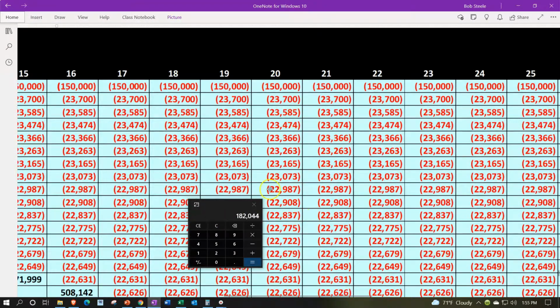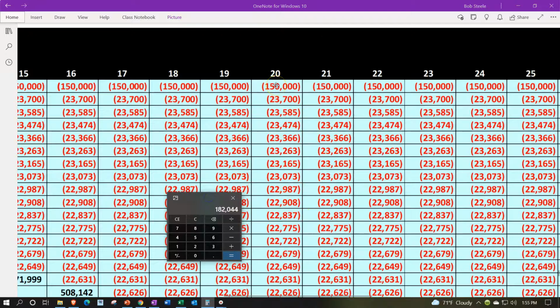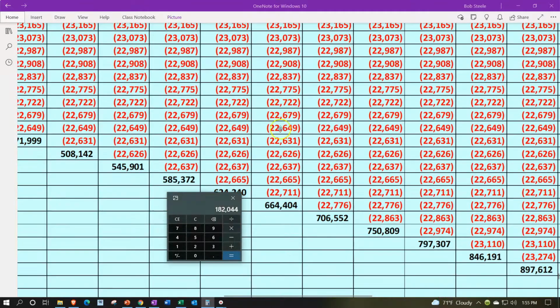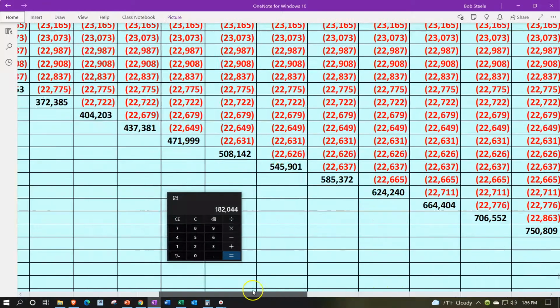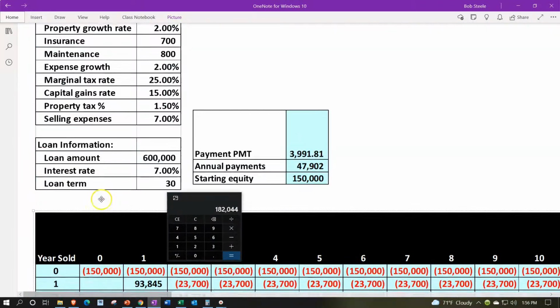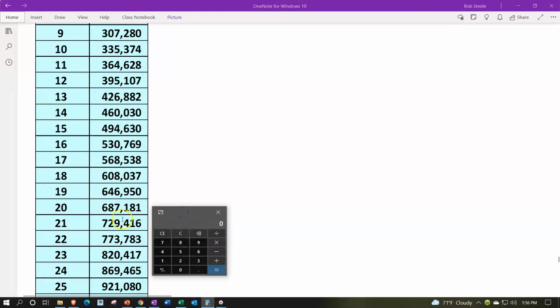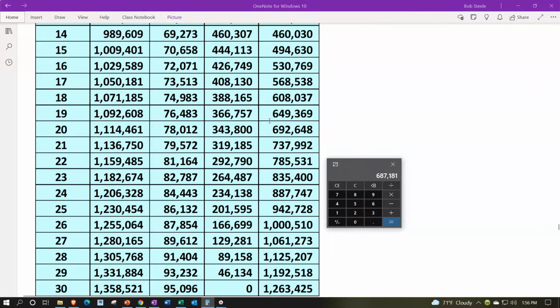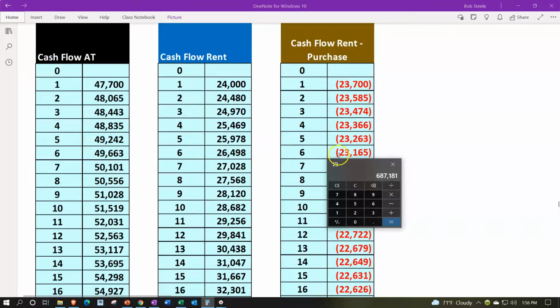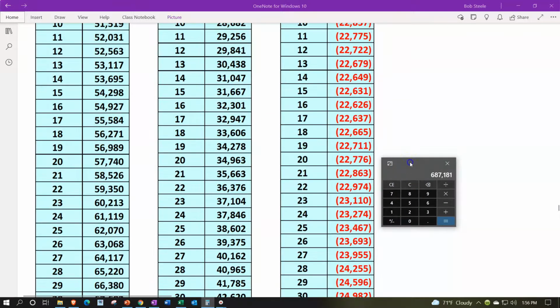Let's take a look at one more year. Let's take a look at year 20. So we had the initial 150, then all of these represent the outflows that would happen during the year. And then if we realize the sale of the property, we sold the property after 20 years, we got that 664,404. Where does that number come from? That's going to be this amount from the sale after 20 years, which we said was a cash inflow after everything was said and done, 687,181, minus the outflow that we had for year 20, the net outflow between the two, which was right here.